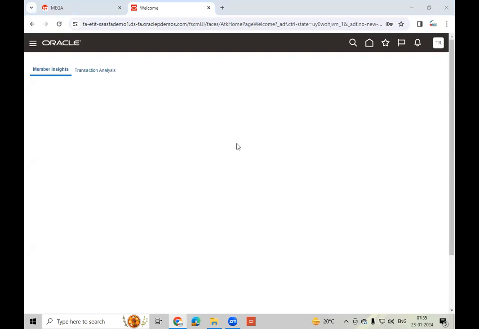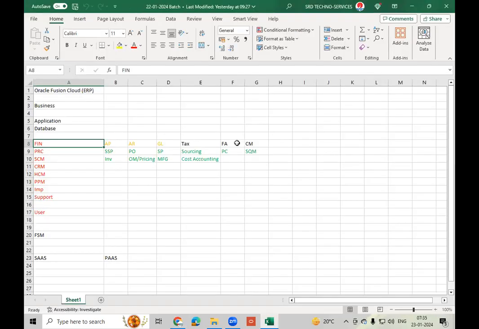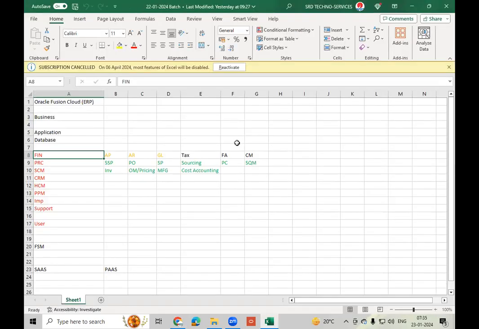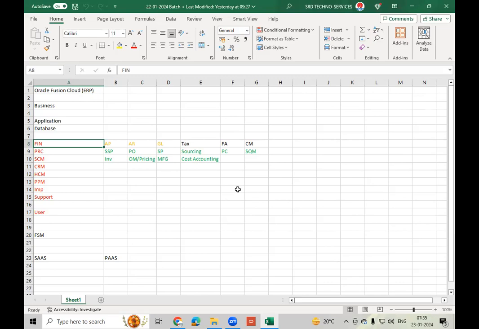Another person will work in supply chain management. Likewise, different consultants in the team will work in one implementation project: financial consultant, HCM consultant, PPM consultant, like that.